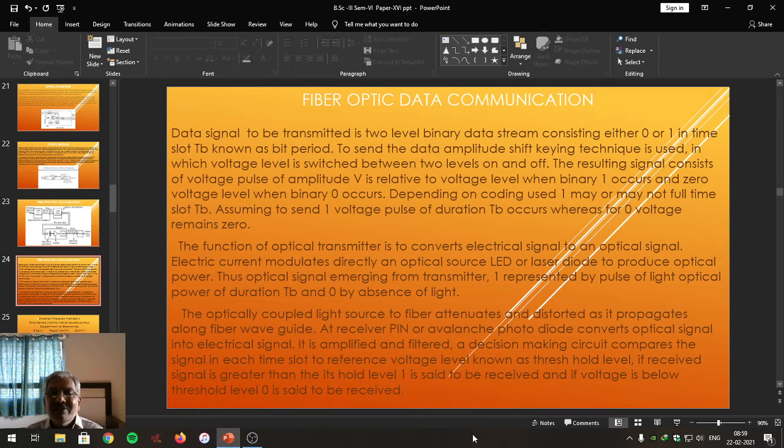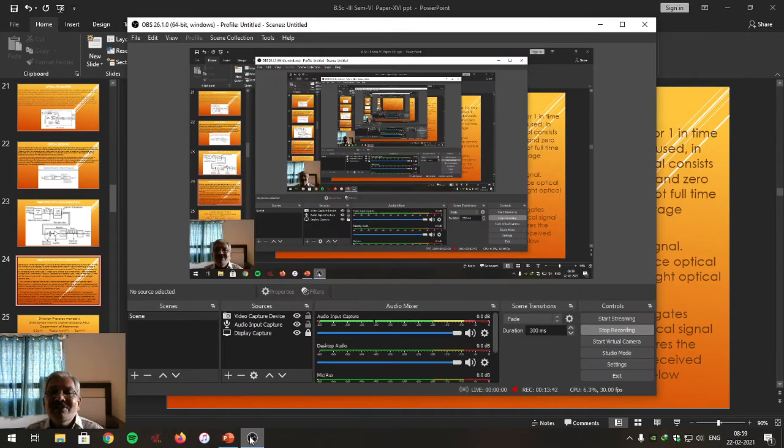Dear students, this is all about how digital data is communicated by using optical fiber. Students, here we are completing almost all of optical fiber communication as the first topic.